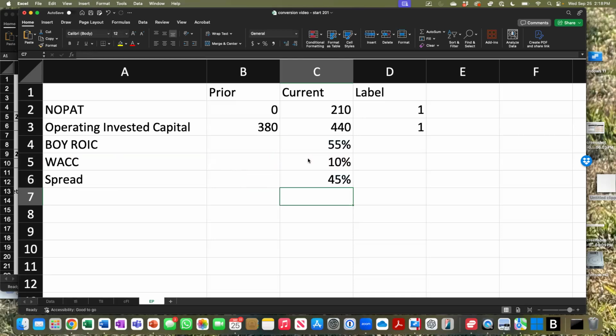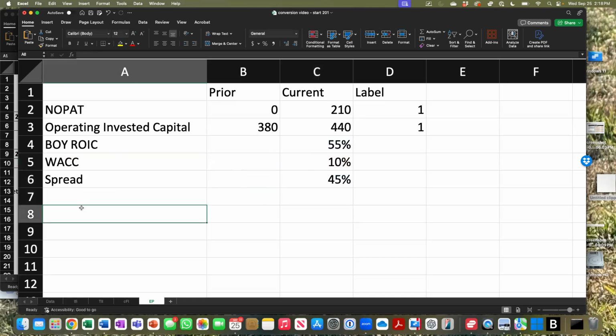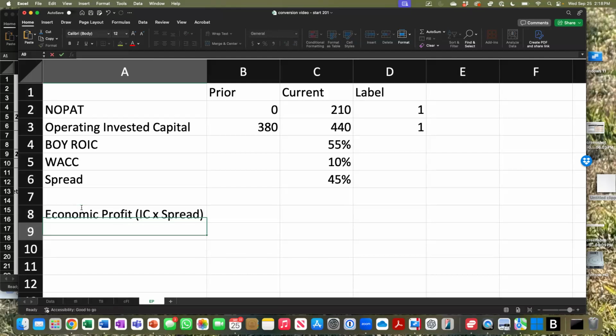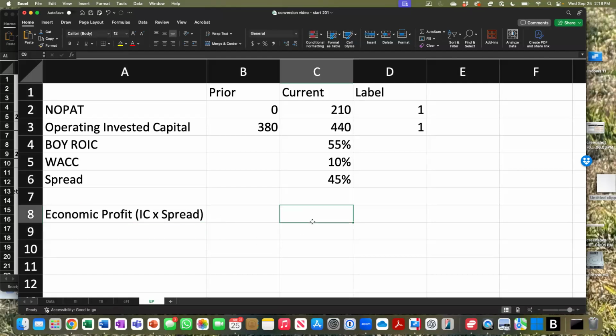Okay. So economic profit: take my invested capital and multiply by my spread. Says if I started with $380 million and I made 45% above my WACC, I generated $172 million.